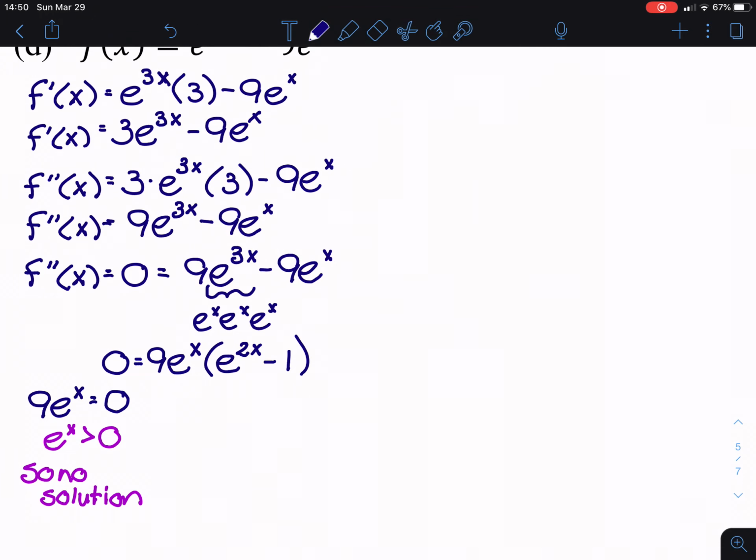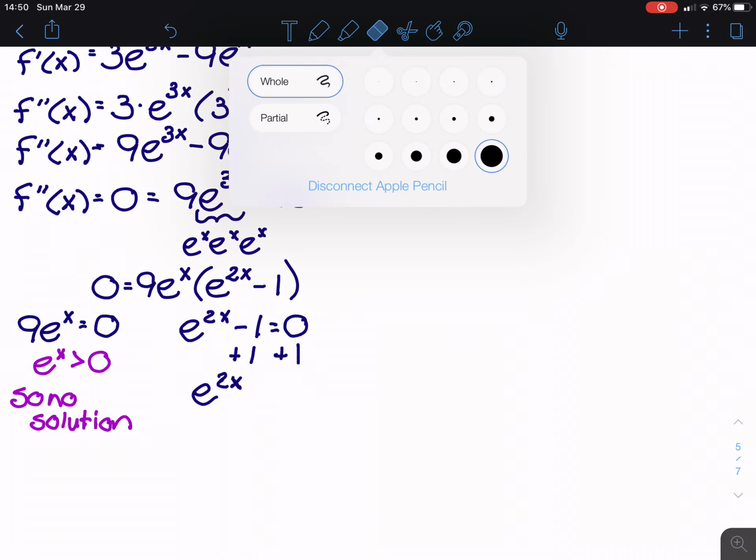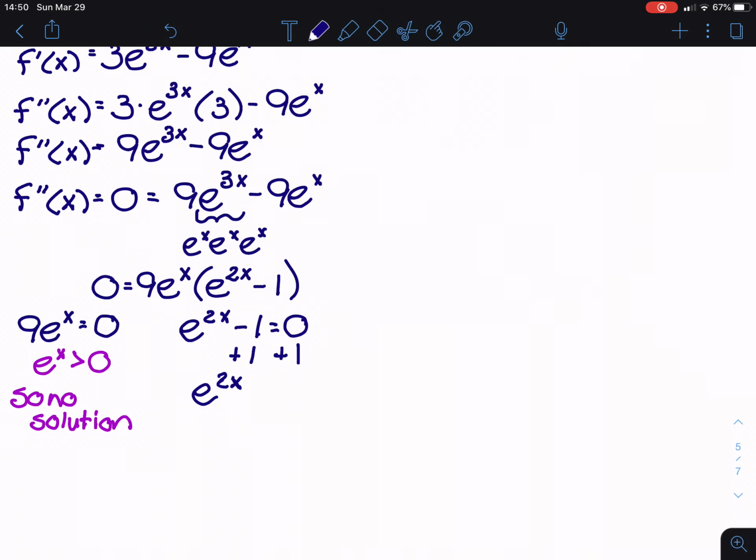So now what I have to look at is e to the 2x minus 1 and where that is equal to 0. So I'm going to add 1 to both sides. So I have e to the 2x is equal to 1.